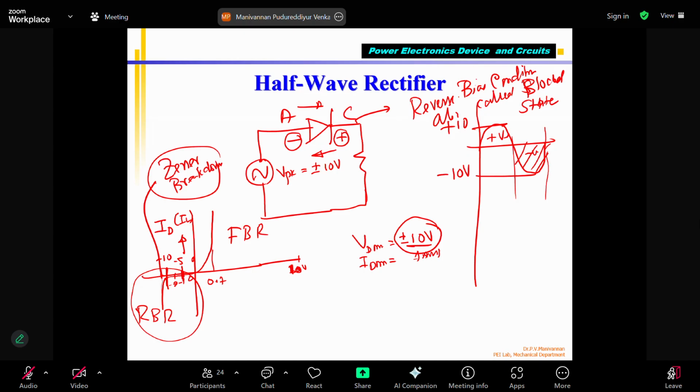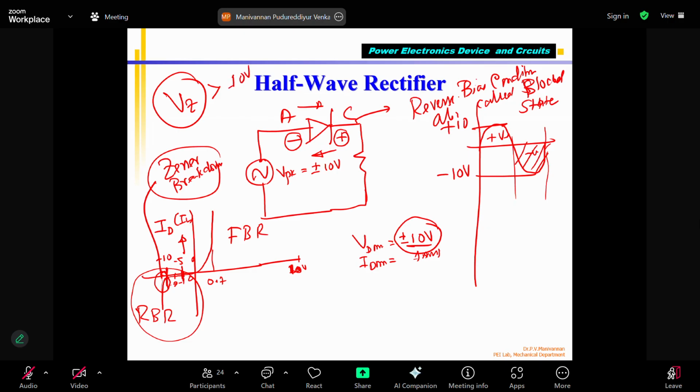Generally that will be the same as the reverse voltage, because the signal is sinusoidal. If you have selected a diode whose VD max, the maximum supply voltage, is plus or minus 10, that means the Zener breakdown voltage VZ in reverse bias must be greater than 10 volts. That diode you have to select.